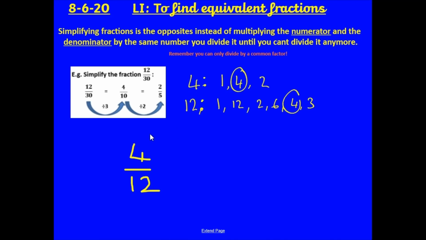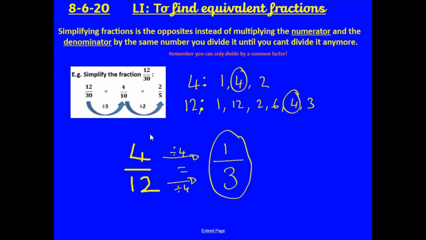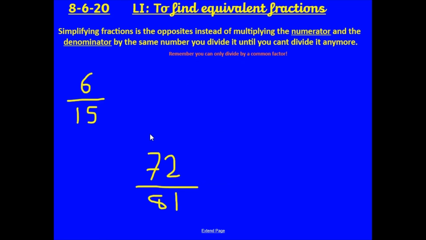Well, that means that I can divide them both by 4. So 4 divided by 4 and 12 divided by 4. So 4/12ths is equal to 4 divided by 4 is 1, and 12 divided by 4 is 3. So 4/12ths is equal to 1/3. I have simplified my fraction. I've got the lowest possible fraction that I could have got. And this is simplifying the fraction.